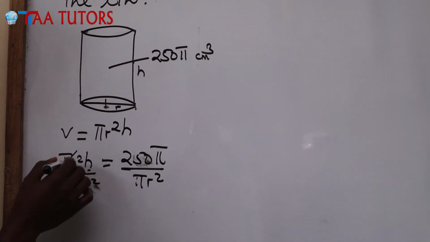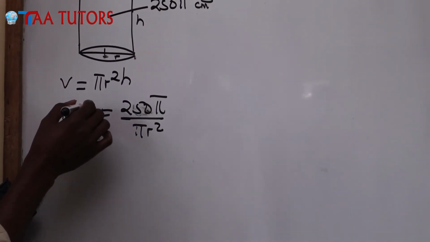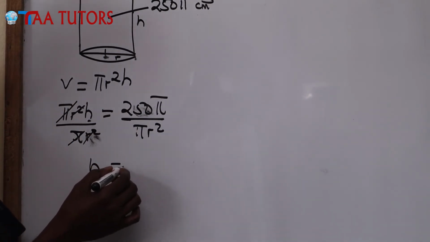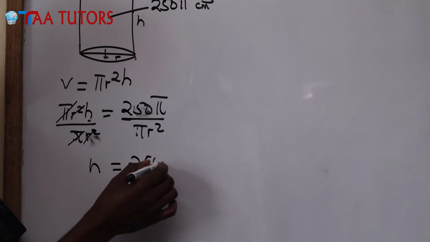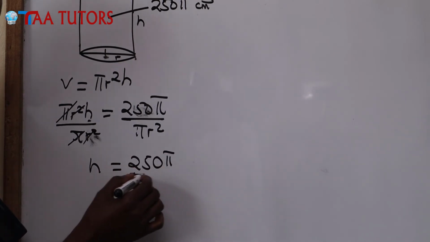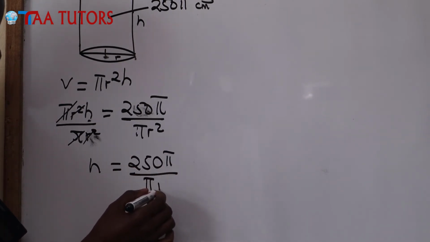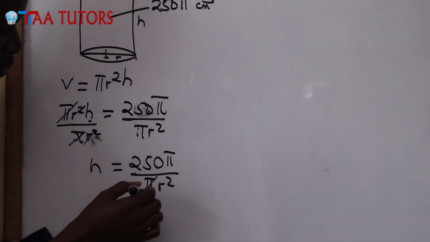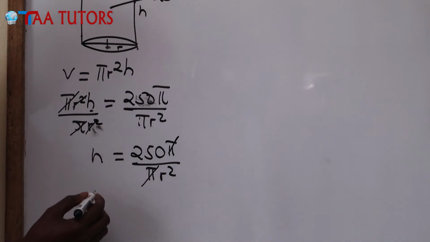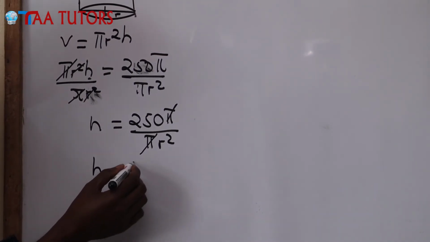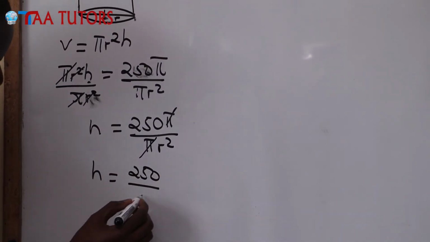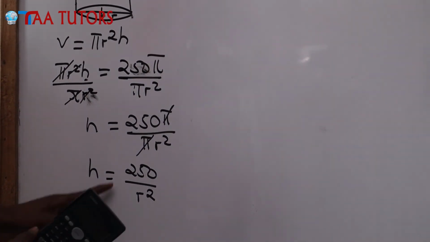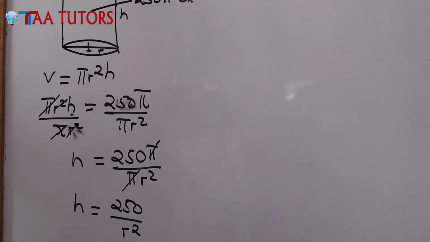So in this case, h equals 250 pi over pi r squared. But we know that pi and pi will also cancel, so the h here is 250 over r squared. This is the value of h of that particular tin.